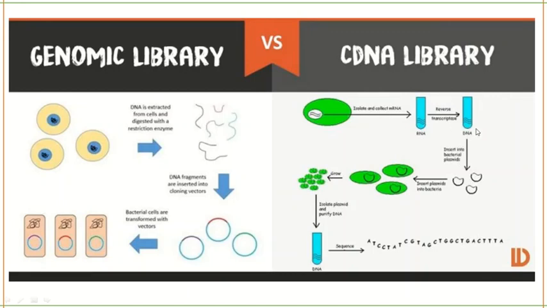Then you restrict the cDNA, and take these inserts into a vector which gives you a recombinant plasmid. Then you transform it into a bacteria, grow it, isolate the plasmids, purify them and sequence them. So these are the two different types of libraries which you can create.